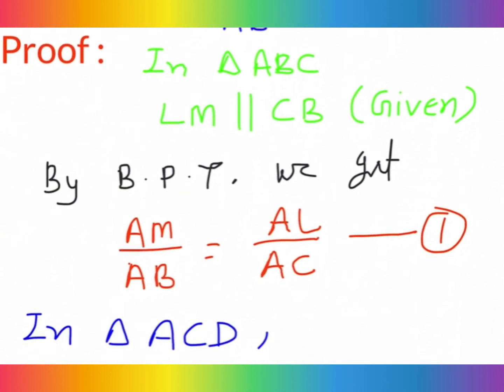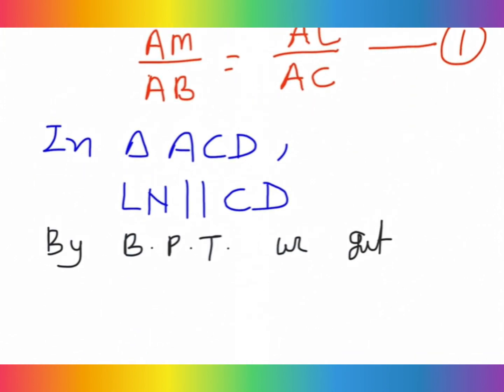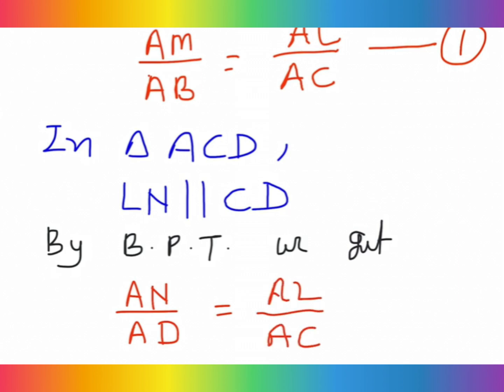So AN divided by AD equals AL divided by AC. And this is equation number 2.